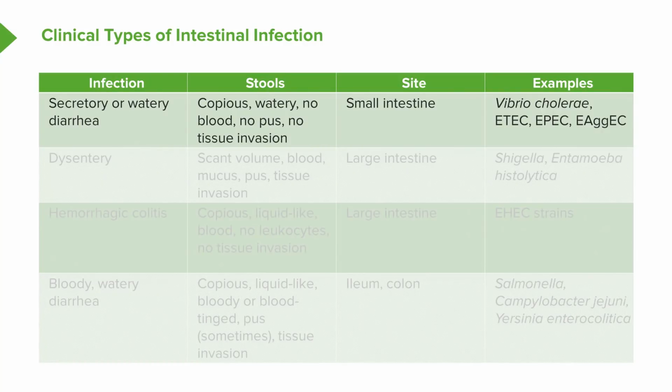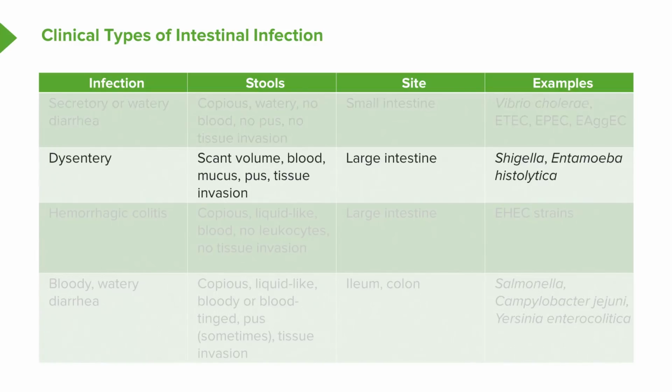This is, again, when you have a lot of watery diarrhea, no blood, no pus, no tissue invasion. The site of infection is typically the small intestine, and examples are Vibrio cholerae and the ETEC, EPEC, and EAEC strains of E. coli. All of those can cause this watery diarrhea.